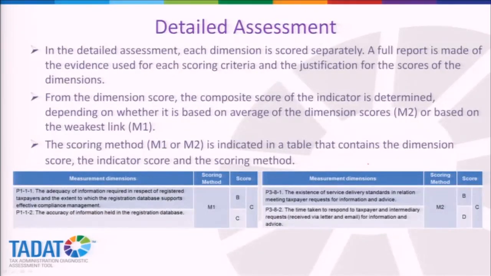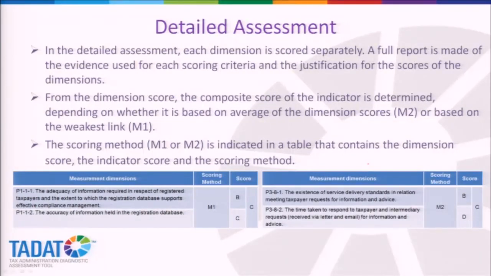Now, the fourth level of detail is the most detailed assessment, where we describe in detail each dimension. In here, each dimension is scored separately. A full report is made of the evidence used for each scoring criteria and the justification for the scores of the dimension.